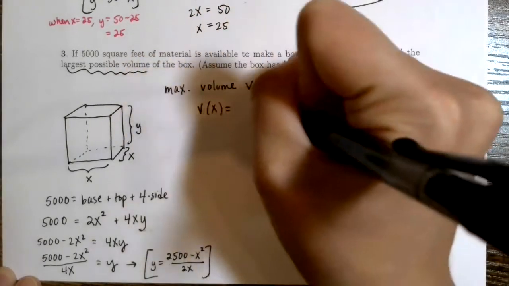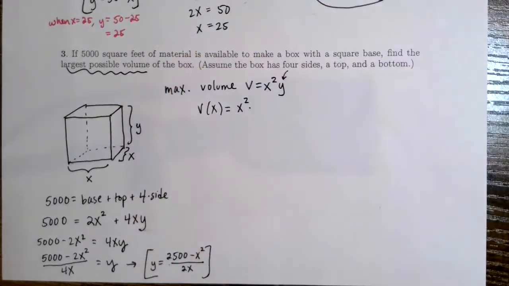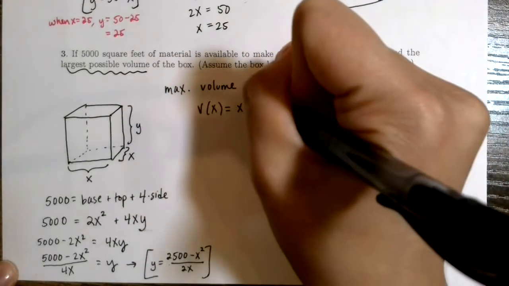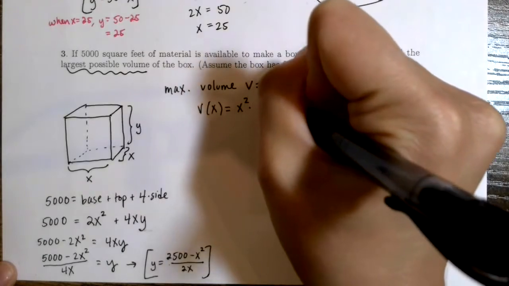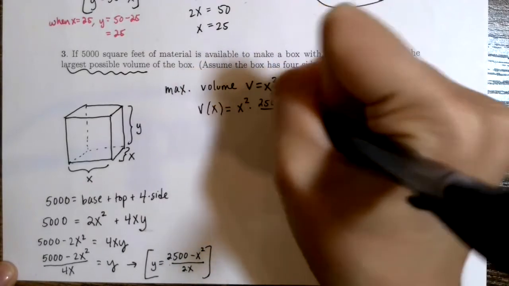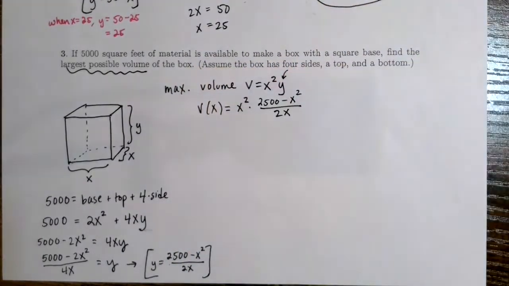All right, so volume as a function of just X, we have X squared times, and instead of Y, I'm going to put all of this. 2,500 minus X squared over 2X. All right, so we have a function. We need to find the location of its maximum value, its global maximum specifically.